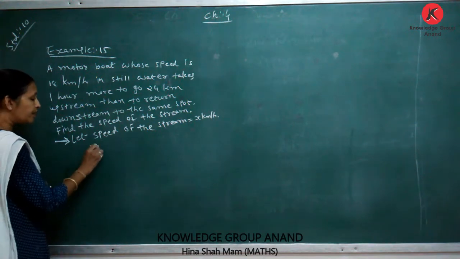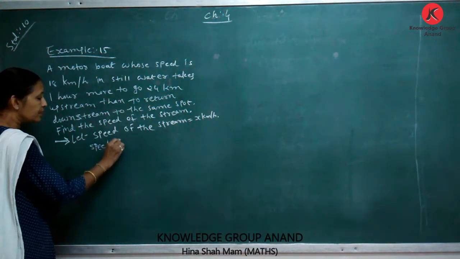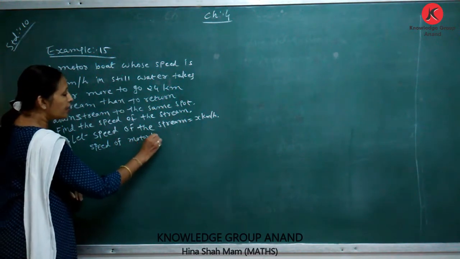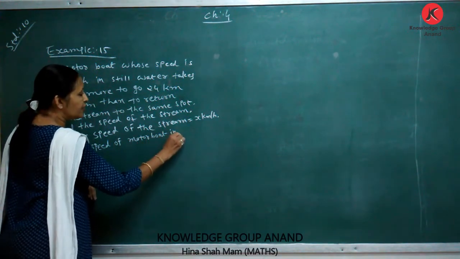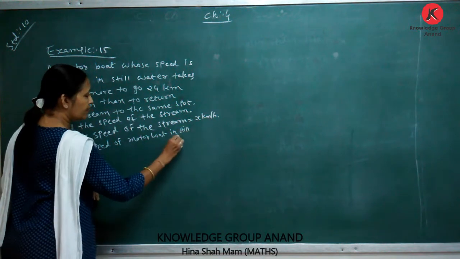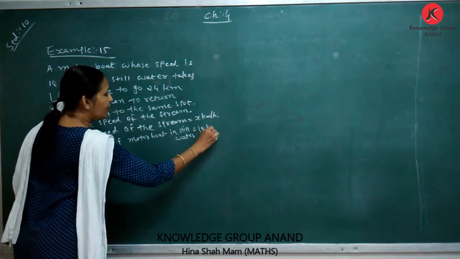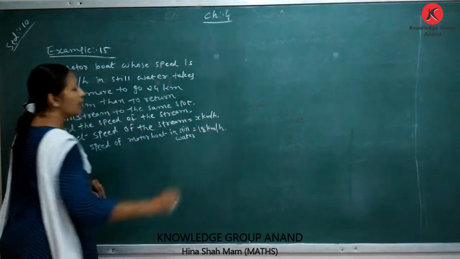Speed of motorboat in still water is equal to 18 km per hour.